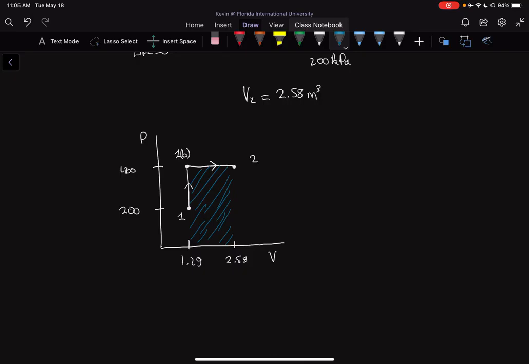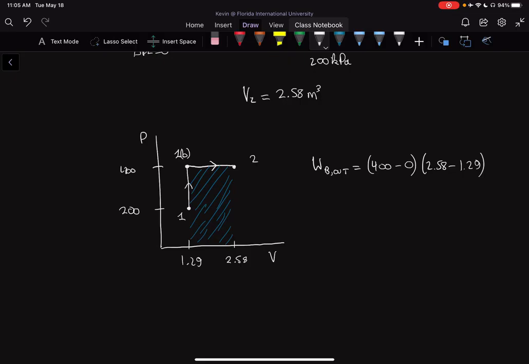Since it's between 1B and 2, we know that 1B is at 400 kilopascals. So we're going to have our work boundary out equal to 400 minus 0. So it's the top pressure minus the bottom pressure to find the area of the rectangle, multiplied by 2.58 minus 1.29.